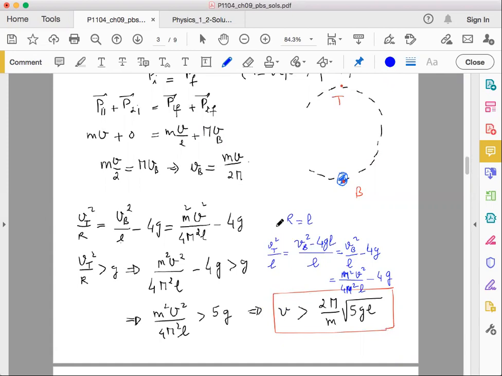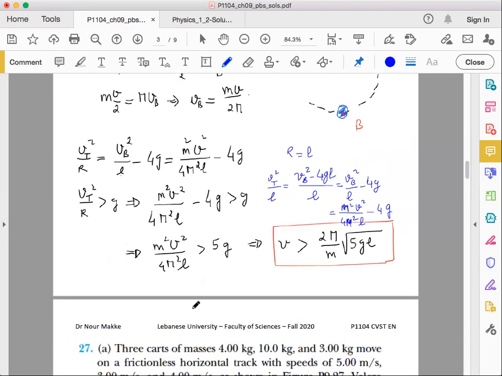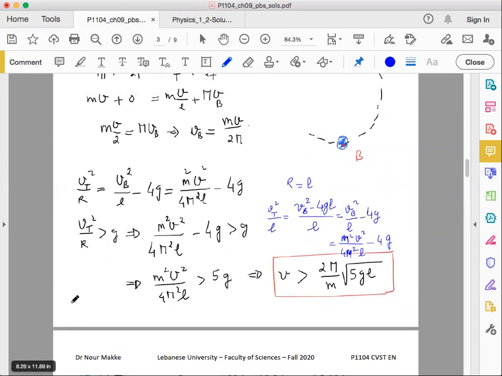Now, we know that VT squared over L should be greater than G, which means that, let me just write it down in here. So we end up with VT squared over L is greater than G. That means that we should have m squared divided by 4M squared L, V squared minus 4G should be greater than G, which means that what I'm doing in here is just what is written over there.